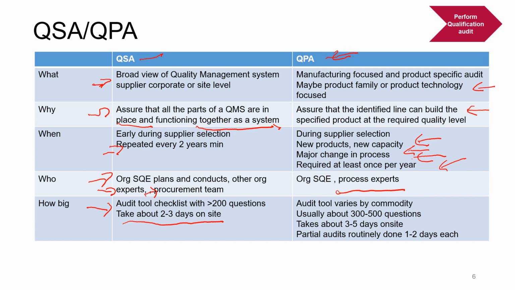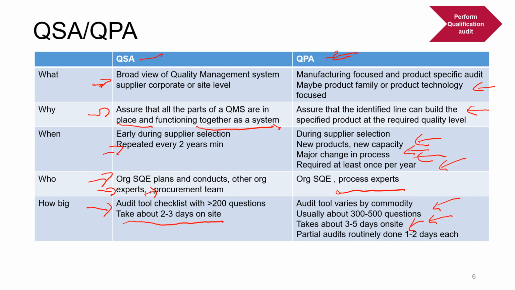The audit tools can vary by commodities. There could be a checklist developed for different types of commodities, such as mechanical commodities or printed circuit board assembly. Usually, it has quite a lot of questions with very detailed coverage of each and every process. What are the areas to control?